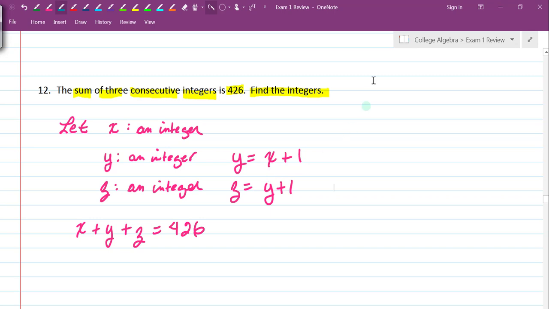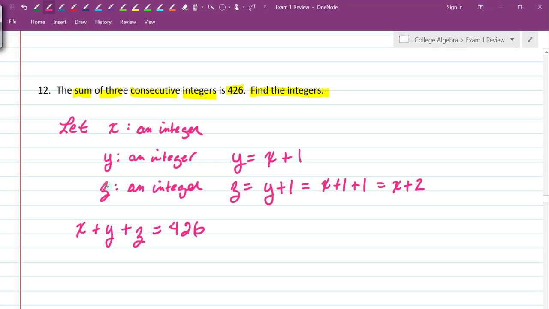In which case, we end up with y, which is equal to x plus 1, plus 1. So that is equal to x plus 2. And that makes perfect sense because we have x, and then x plus 1 is the next consecutive integer, and then x plus 2 is going to be the next integer.